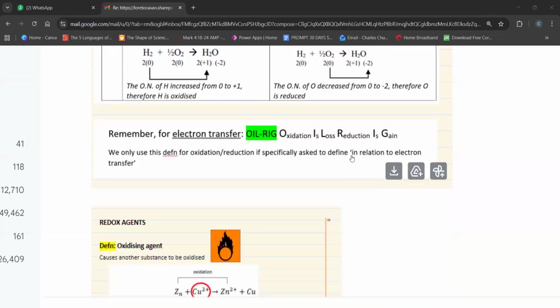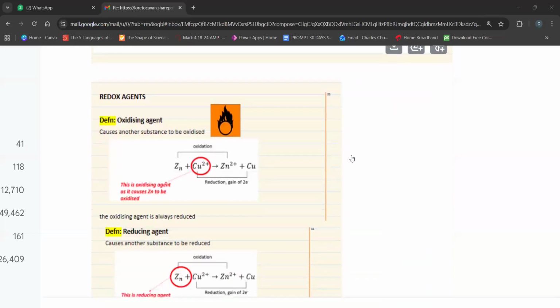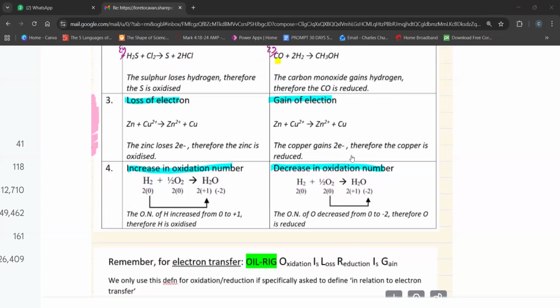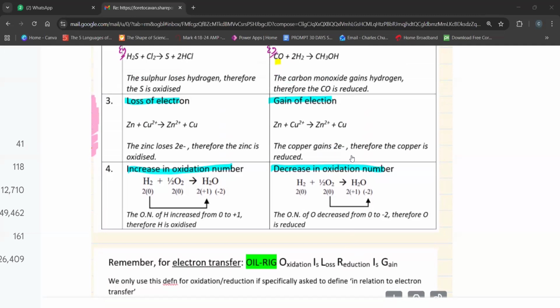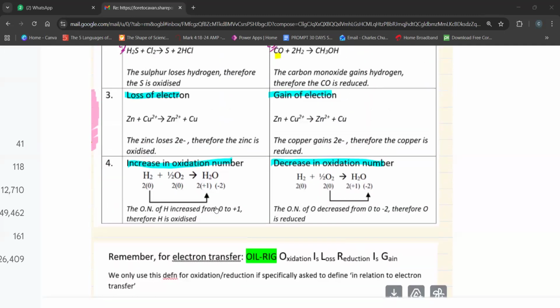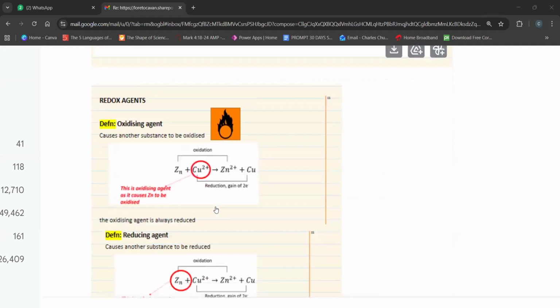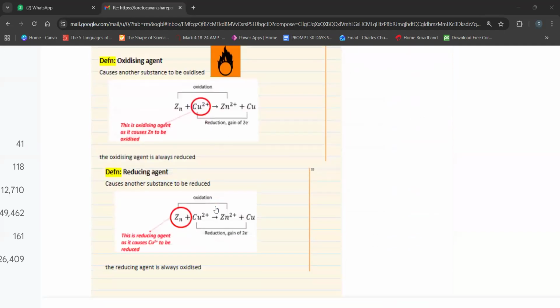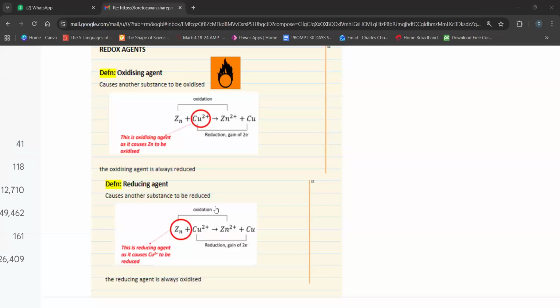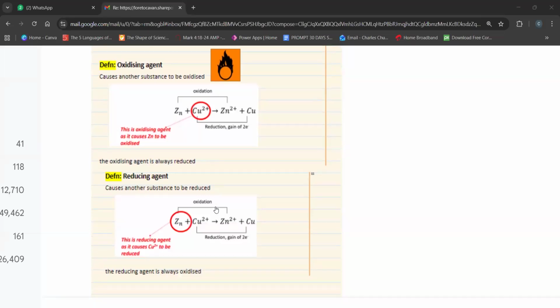So anyway, I don't want to confuse you. If you understand the connection that I just established, you will see clearly how number 3 and number 4 are well related. Okay, so it causes another substance to be oxidized.